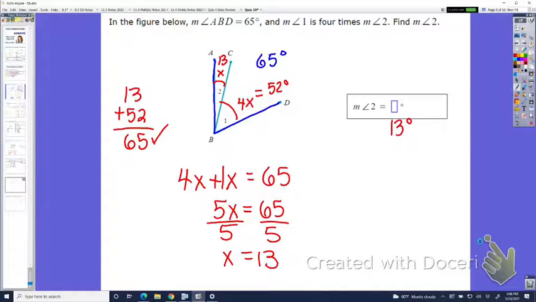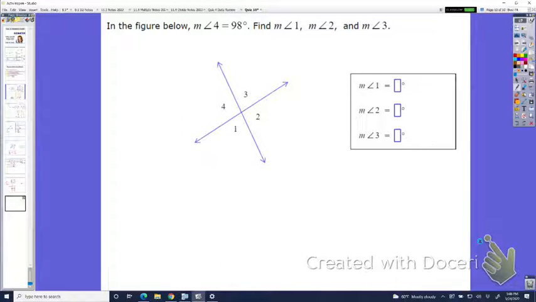And lastly, if you have two intersecting lines, they give you angle 4 is 98 degrees, and you have to find all the rest. So the one directly across from it, these are called vertical angles, so they're also congruent. They're the same, 98. 1 and 4 are on a line, so we could take 180 minus 98 to find this measure.